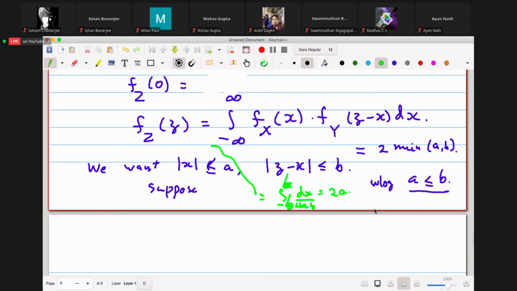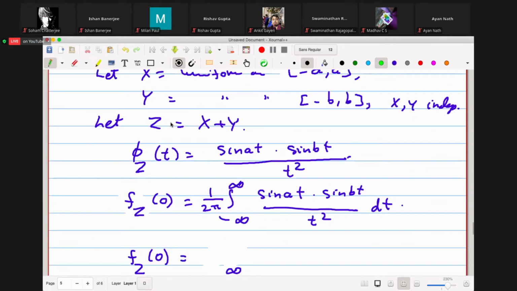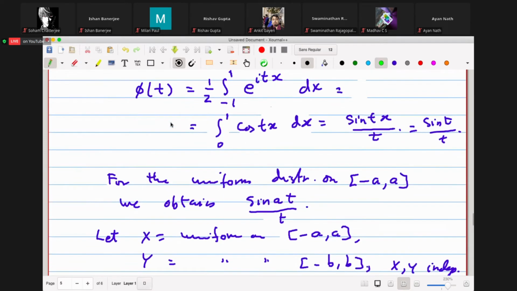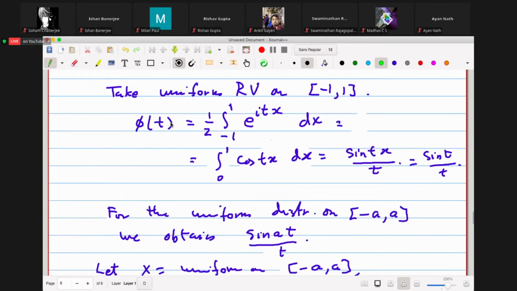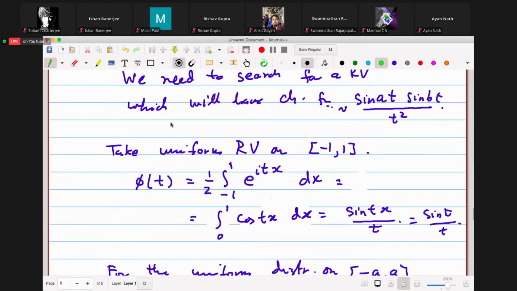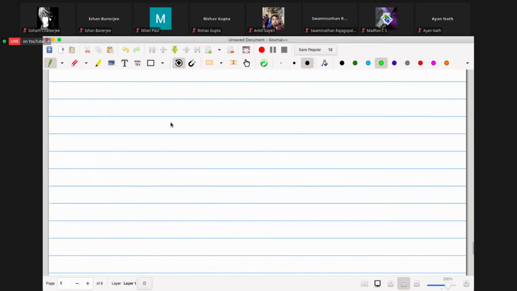And then this is 1 by this B, 2B by 4AB. That will get cancelled and I get 1 by 2A. And this, when you substitute, you get 2 times, there's a pi also coming. That's because there's a pi in the formula. So it will work out right. I checked that and it was okay.